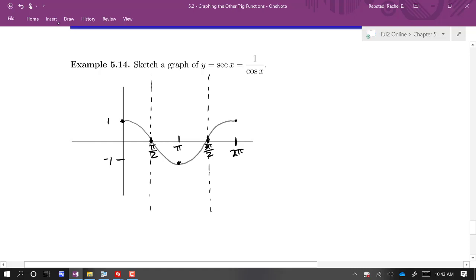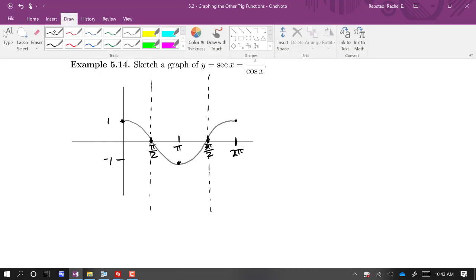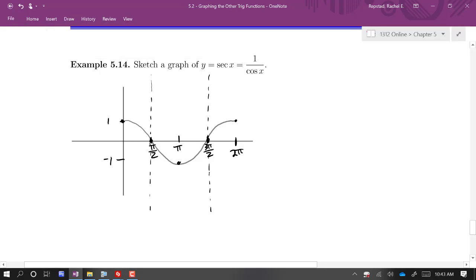Okay, so from pi over 2 to 3 pi over 2, I could tell that secant will be -1 because I have 1 over -1. And then as cosine gets closer to 0, as I get close to dividing by 0, it's going to shoot downwards to infinity. Cosine is negative on that interval, so secant is also negative. And then over on the left, from 0 to pi over 2, at 0 I know it's 1, and then it's going to shoot upward towards infinity.